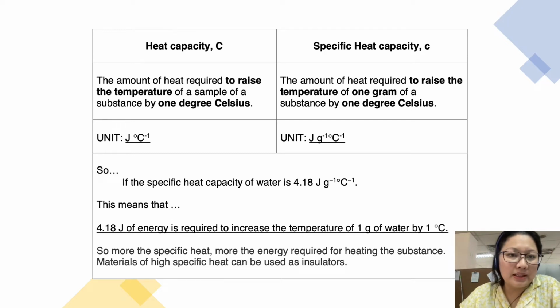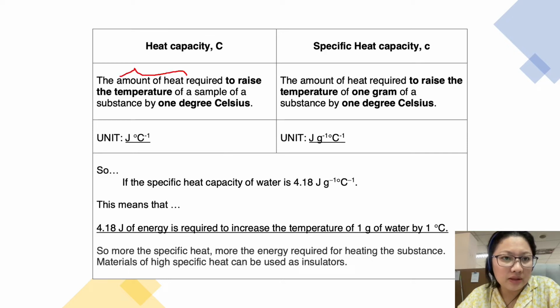Okay, as you can see here, we have heat capacity and specific heat capacity. So what is the definition of heat capacity? Okay, heat capacity is actually referring to the amount of heat required to raise the temperature of a sample substance by 1 degree Celsius. Usually students will get confused between heat and temperature. Okay, heat is the energy, temperature is the reading, right?